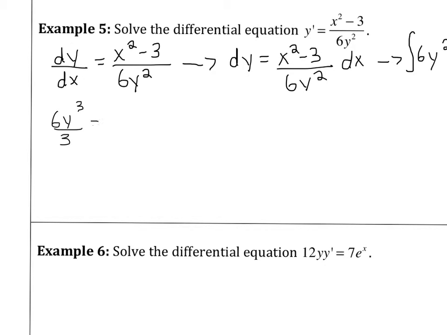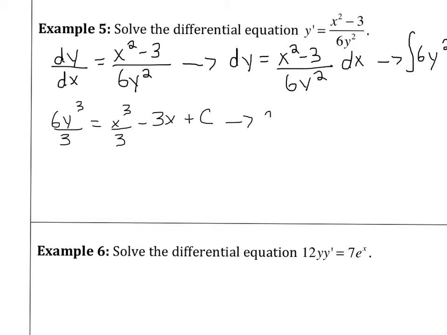So equals, and then the antiderivative of x squared minus 3 is going to be x cubed over 3 minus 3x, and then I'll throw the c, one big c, onto the right-hand side to scoop up both constants of integration.